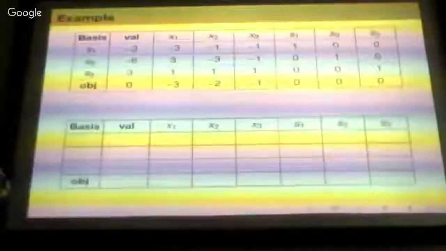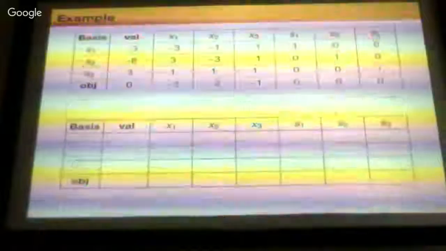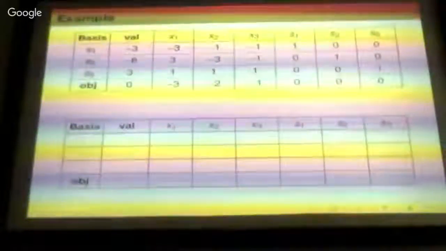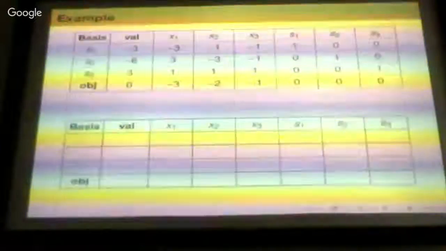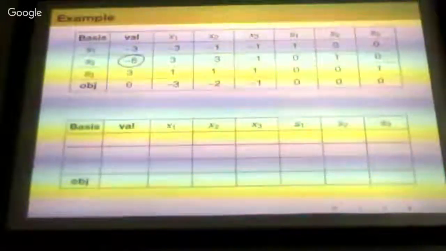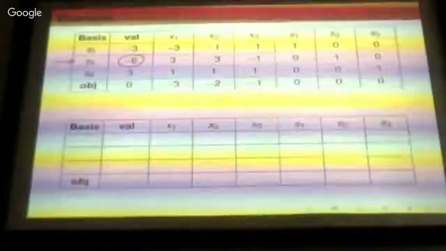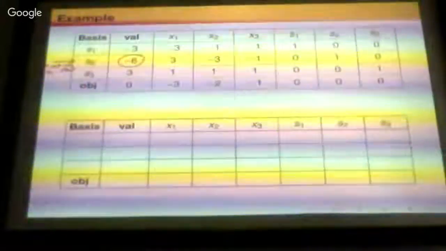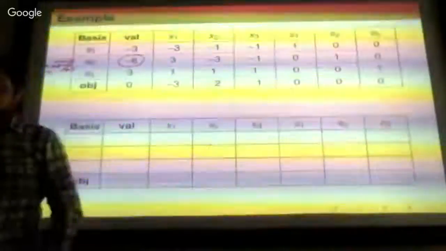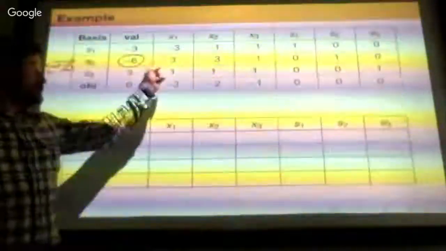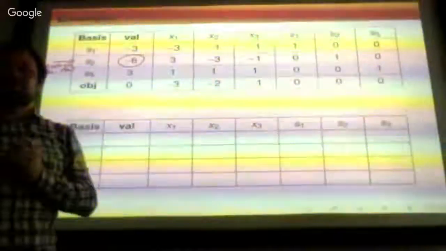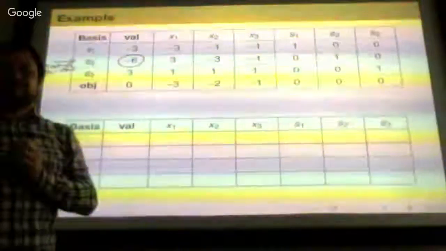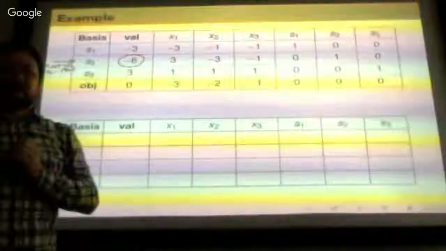So what we do is look at this -6, and we want to pivot in this row, because it's negative. Now, how do we select the pivot element in that row? Can anybody guess? Ratio.